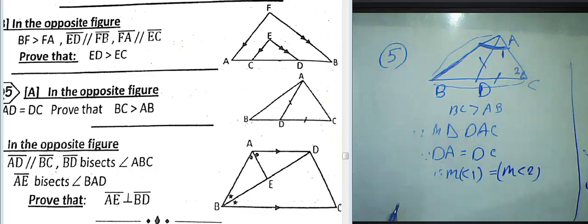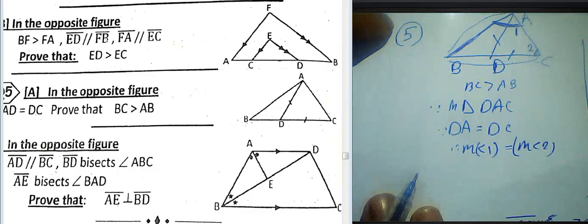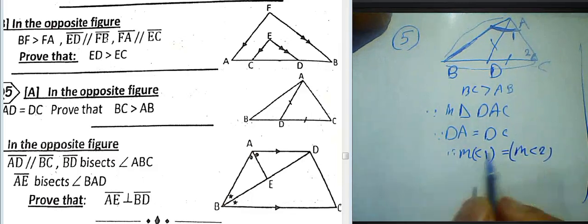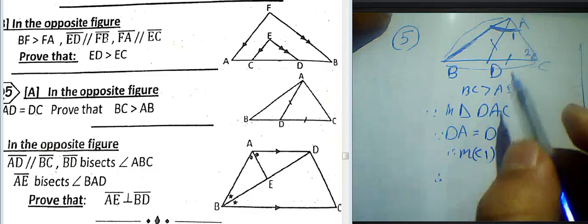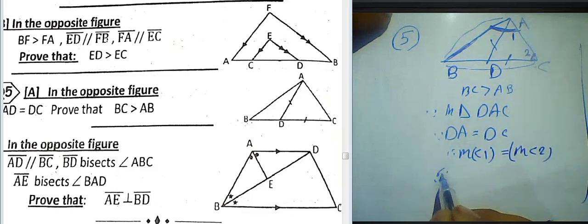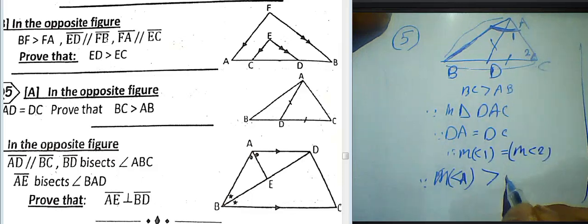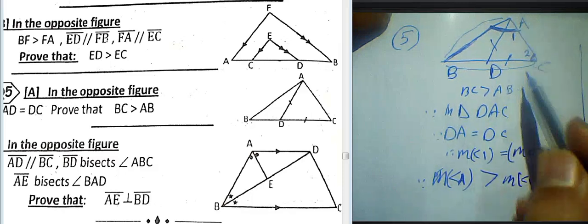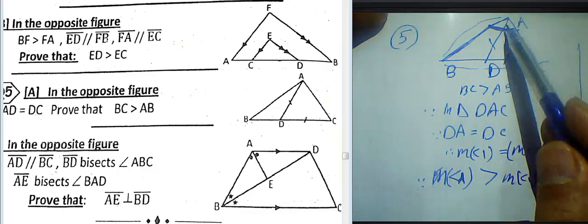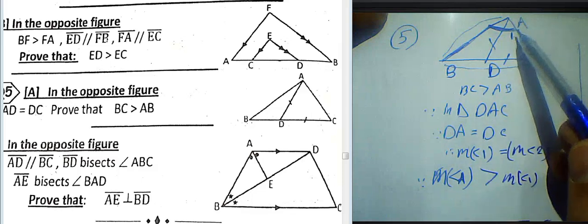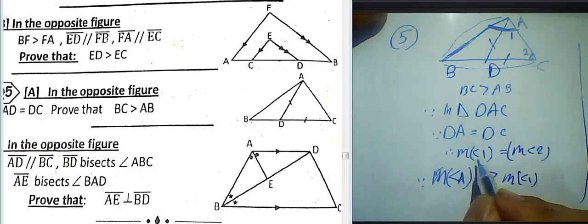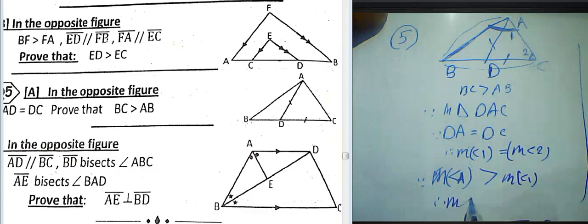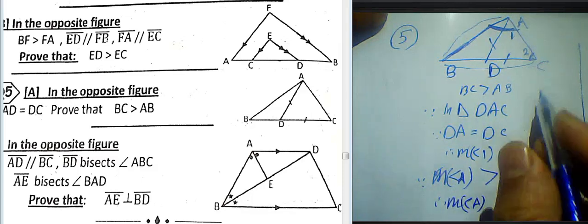Then measure of angle A is greater than measure of angle 1, because angle 1 is a subset of angle A. Measure of angle A is greater than measure of angle 1, and measure of angle 1 equals measure of angle 2, then measure of angle A is greater than measure of angle 2.